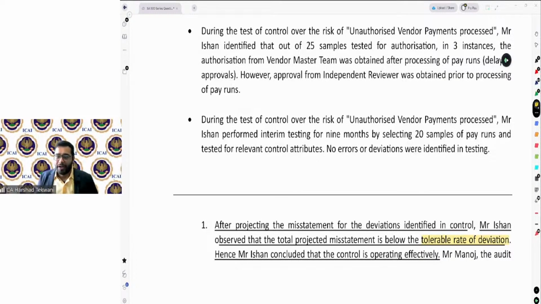So, what is tolerable rate of deviation? Come on, guys.